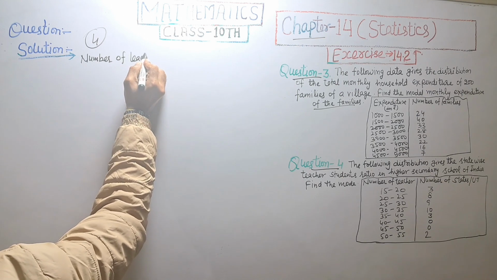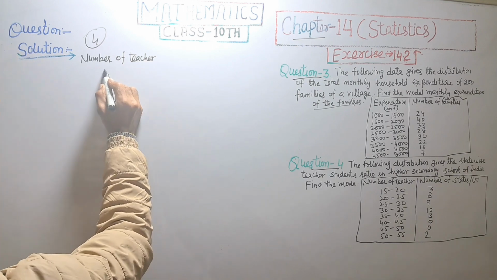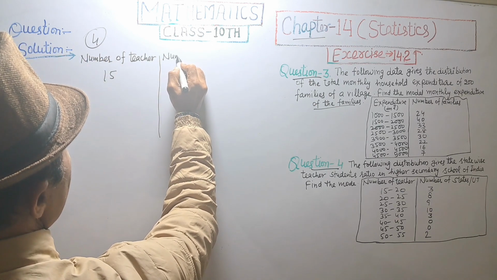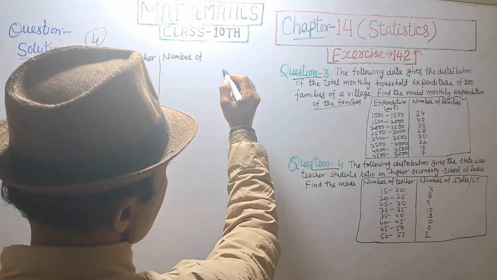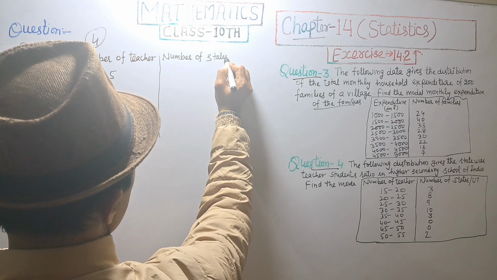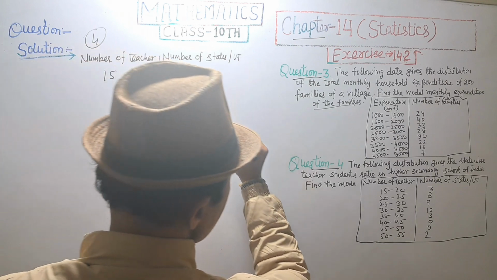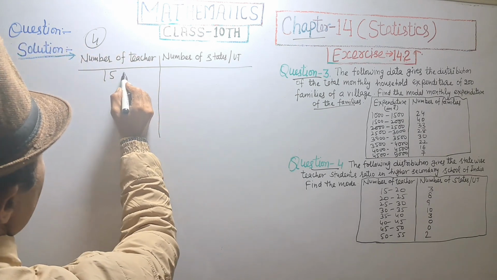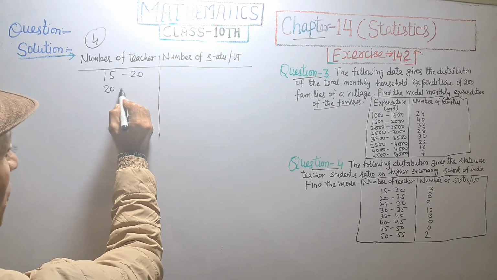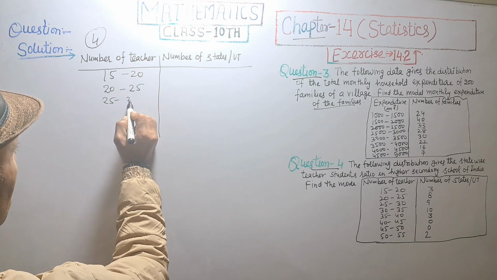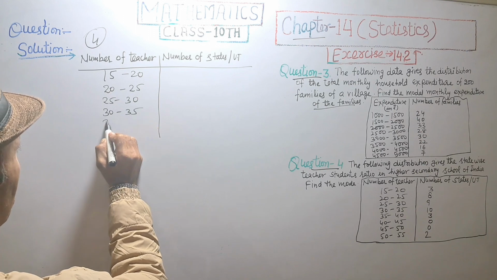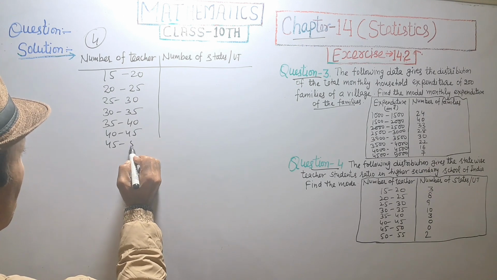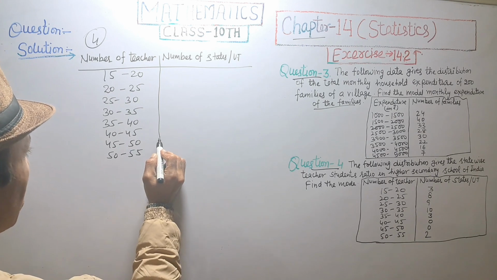Number of teachers, that is class interval, and number of states: 15 to 20, 20 to 25, 25 to 30, 30 to 35, 35 to 40, 40 to 45, 45 to 50, 50 to 55.